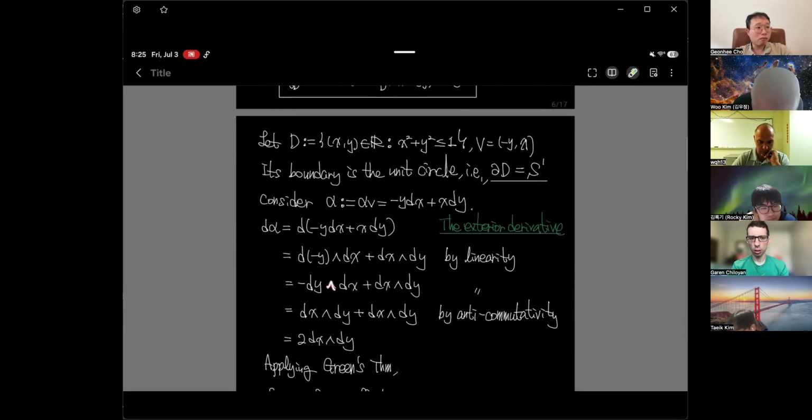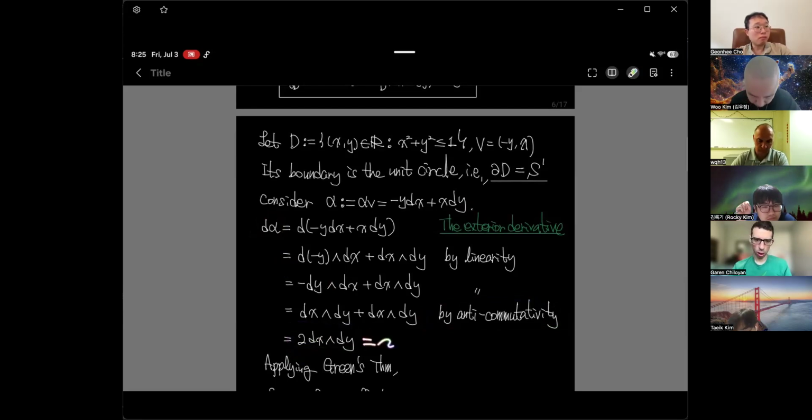Yeah, this one. Yes, the wedge product has the property of anti-commutativity. So d alpha is 2 dx wedge dy now, yes, but it is equal to minus 2 dy dx, right?